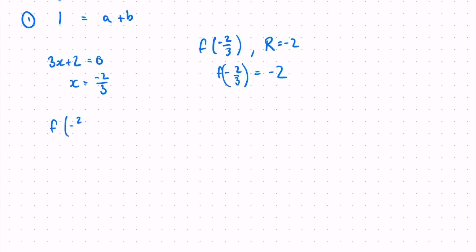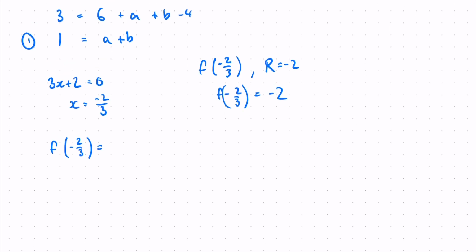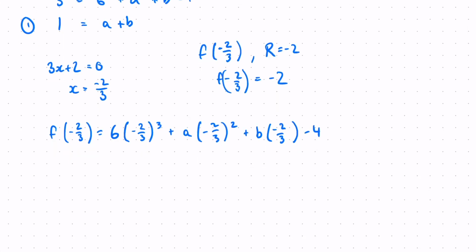f of minus 2 over 3 is equal to 6 lots of minus 2 over 3 cubed plus a lots of minus 2 over 3 squared plus b lots of minus 2 over 3 minus 4, and that is equivalent to minus 2.